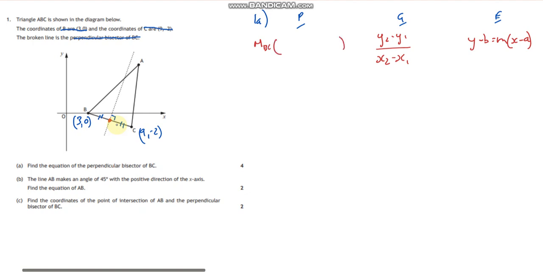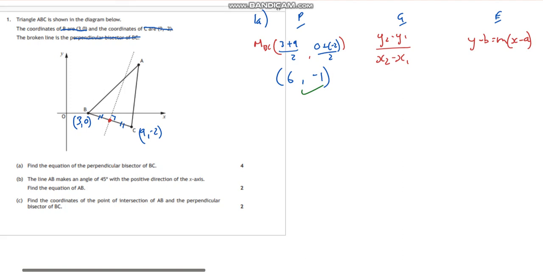A big space for this one. My sum for that will just be the x's added together, divided by 2, and the y's added together, divided by 2. So that's going to give me 12, so 6, and then negative 2, so negative 1. Fantastic. So right away, we've gotten 1 out of 4 marks for that. Next thing to do is work out this gradient.